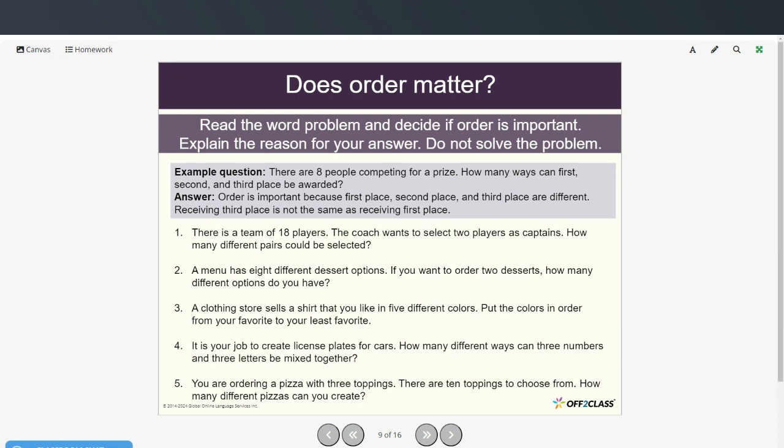Order is important because first place and second place and third place are different. Receiving third place is not the same as receiving first place. So go ahead and pause the video, try these on your own, writing the sample answers, giving examples, the reason for your answer, and then restart when you're ready to check.